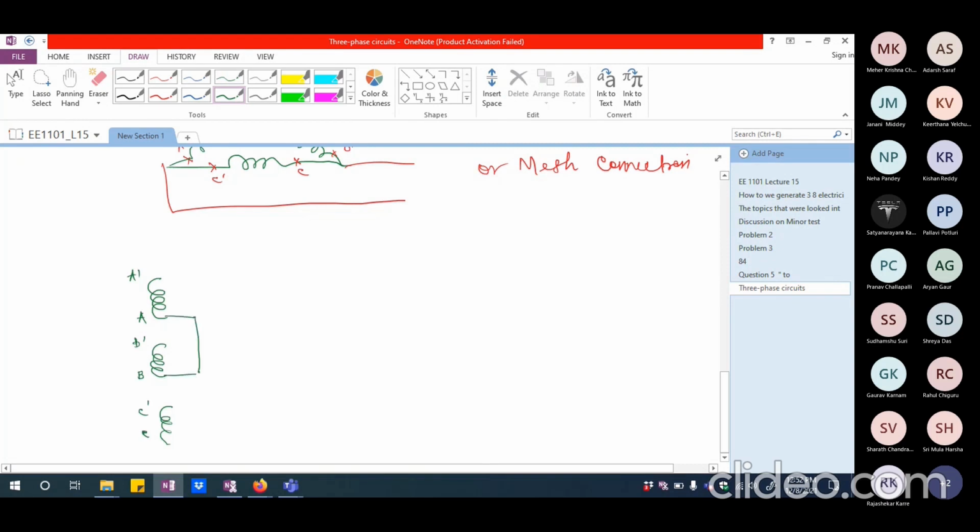So I'm going to connect it like this, and I'm going to connect that to here. So I have connected A, B and C together. Now from here, let us say I connect one resistance here. I'm going to connect another resistance here and the third resistance here. I can connect these also together.